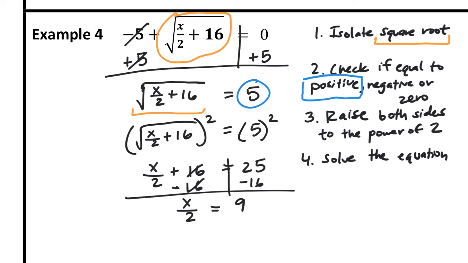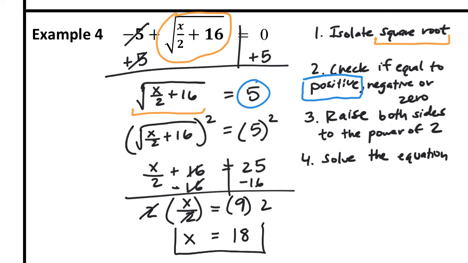And then what's the opposite of dividing by 2? Multiplying both sides times 2, so x equals 18. We're done with step 4.